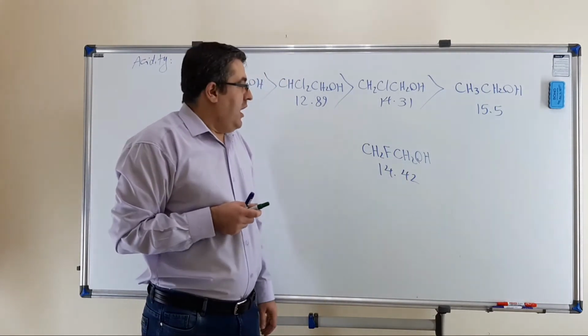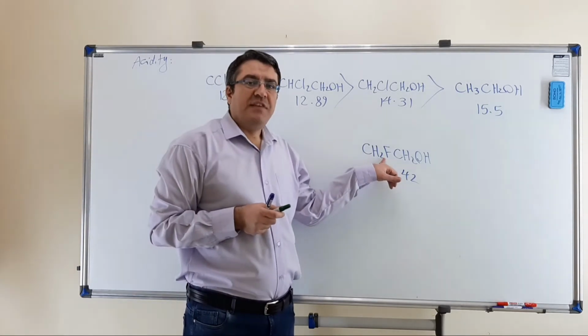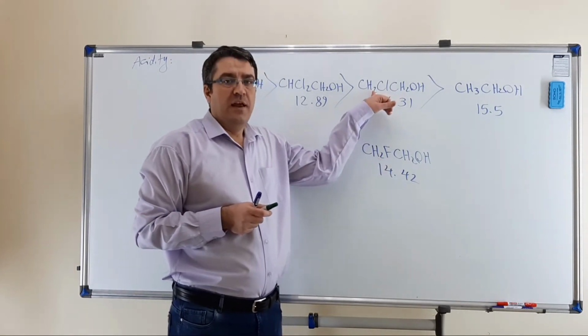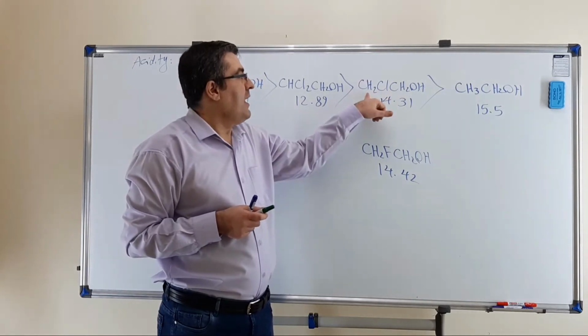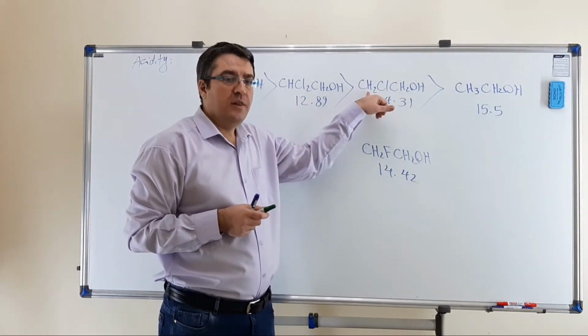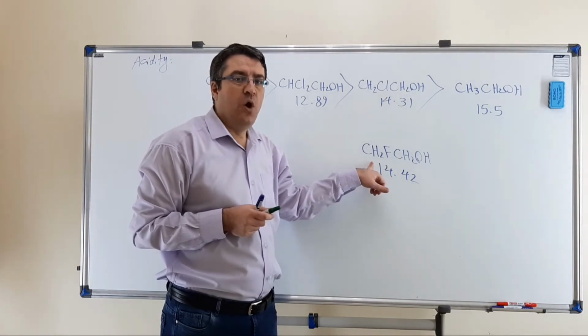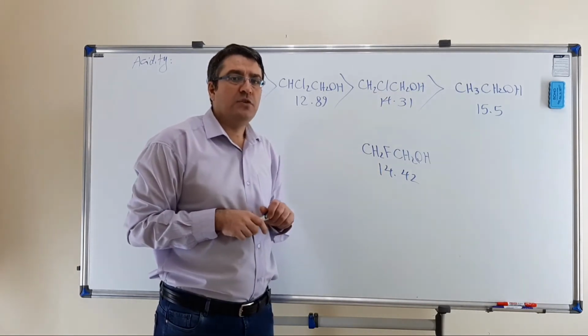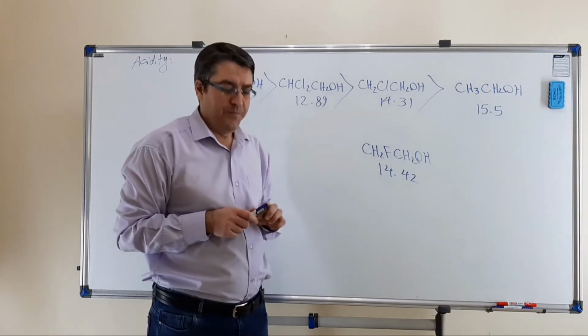However, as electron withdrawing groups, fluorine is stronger than chlorine. Yet we see that acidity of chloroethanol is higher than that of fluoroethanol. This can be attributed to another factor here.